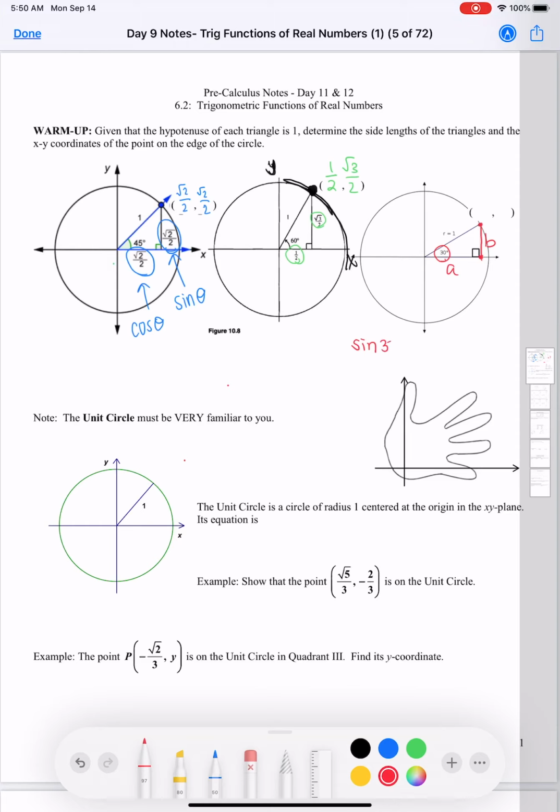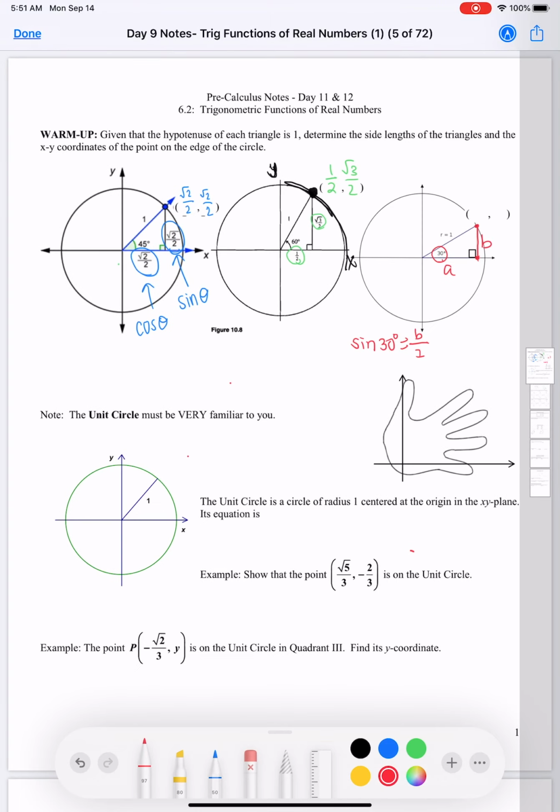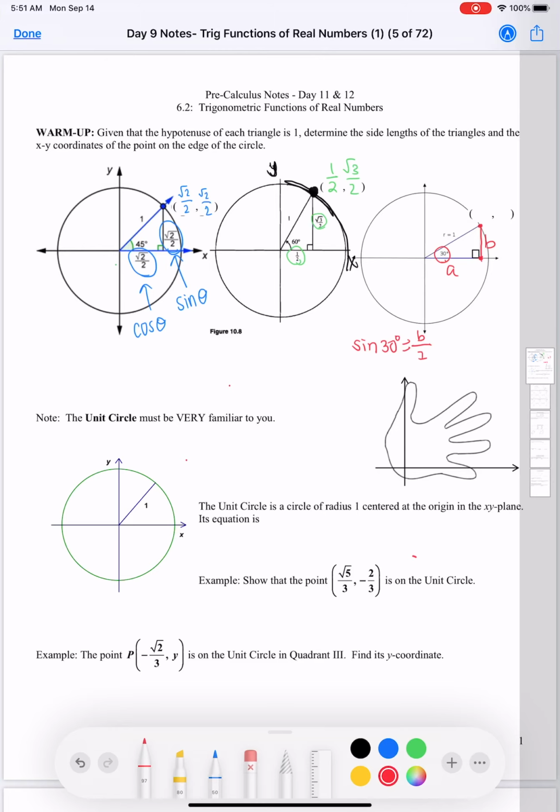So sine of 30 degrees equals opposite over hypotenuse. So opposite of the angle is B over the hypotenuse, which is 1. All right. Well, anything divided by 1 is just itself. So whatever sine of 30 degrees is, this is equal to B.